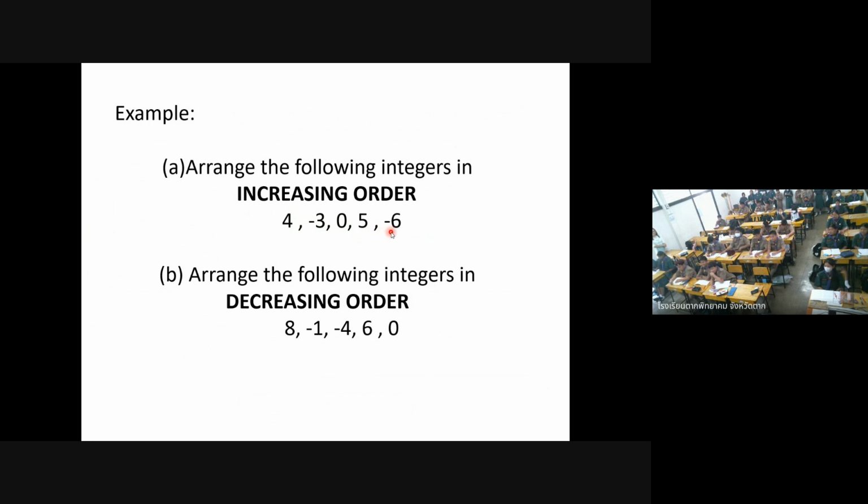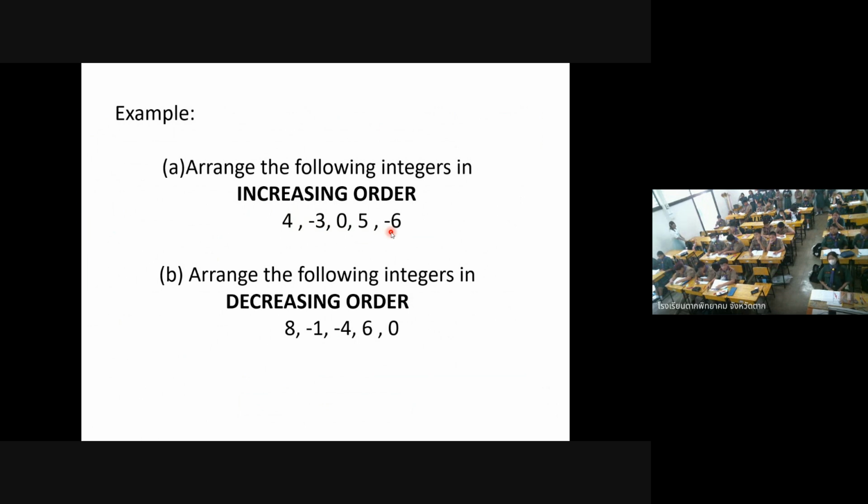Okay, so you have 4, -3, 0, 5, and -6. What do you think is the order of the numbers? So let us have some number line. 1, 2, 3, 4, 5, 6, 7. -1, -2, -3, -4, -5, -6, -7.